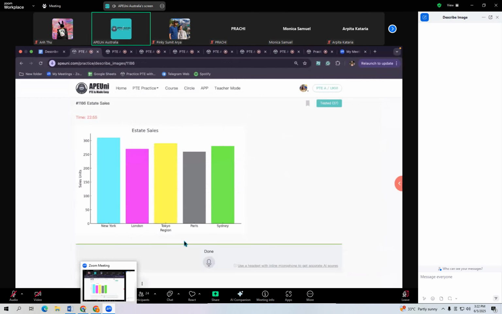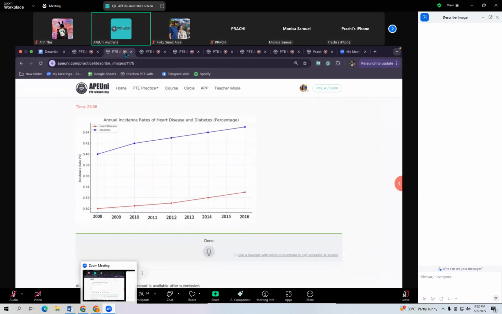So we can just say, after analyzing this image, it can be concluded that there is an increasing trend of New York and a decreasing trend of Paris. Similarly, in here, it can be concluded that there is an increasing trend of diabetes in 2016 and a decreasing trend in 2008.